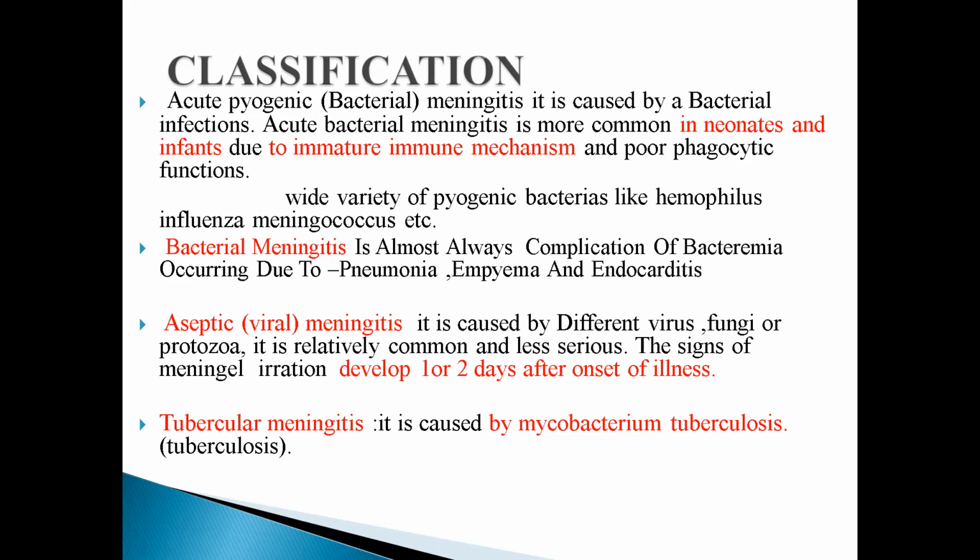It is relatively common and less serious, and the signs of meningeal irritation develop 1 or 2 days after the onset of illness. So it is commonly less serious, developing 1 or 2 days after the onset of illness.